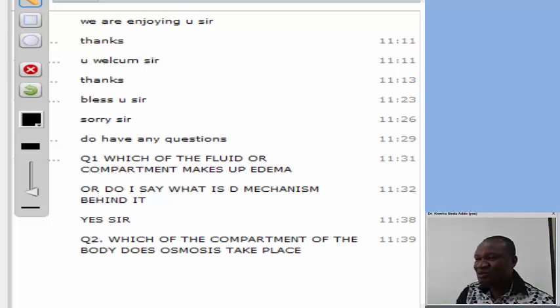Next, we want to see how the body fluid compartment volumes are measured. Now, this can be done in the lab, and the measurement is based on the dilution principle.